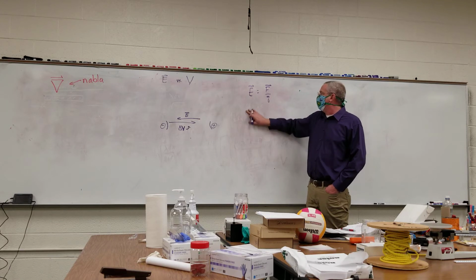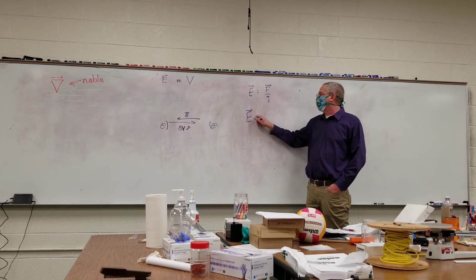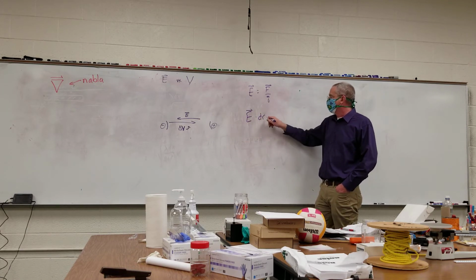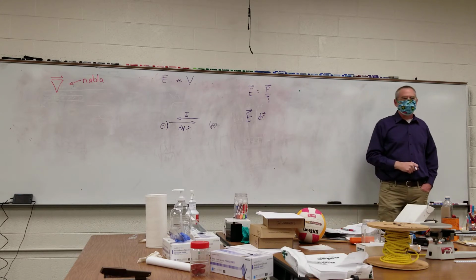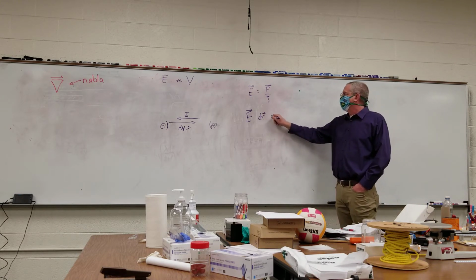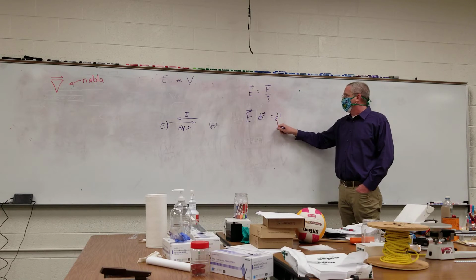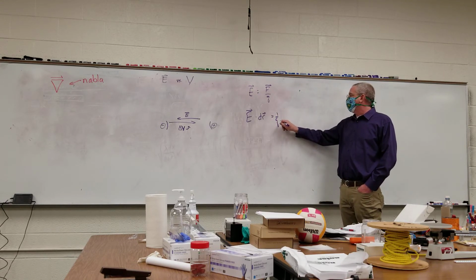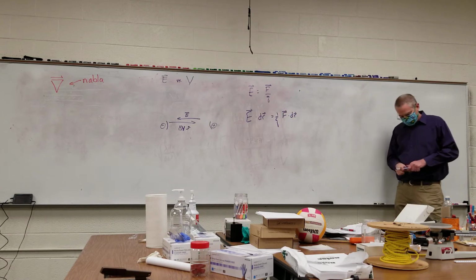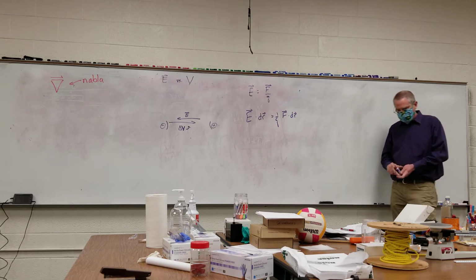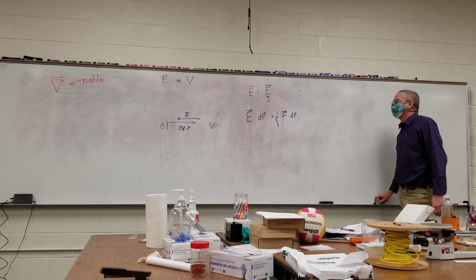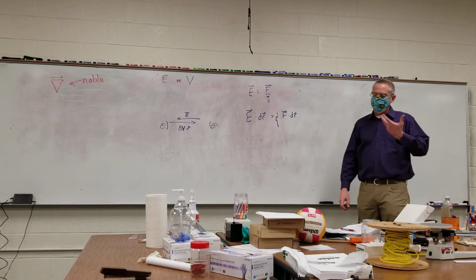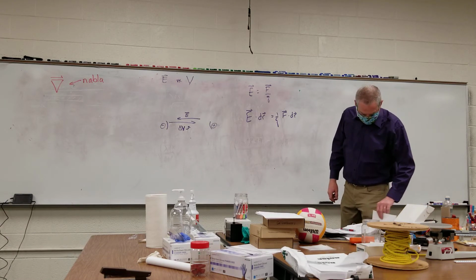I'm going to multiply both sides, do a dot product of both sides with some differential of some radial vector, and just bring the 1 over q out front for right now. 1 over q, F dot dr. May as well integrate because I've got some differentials there.